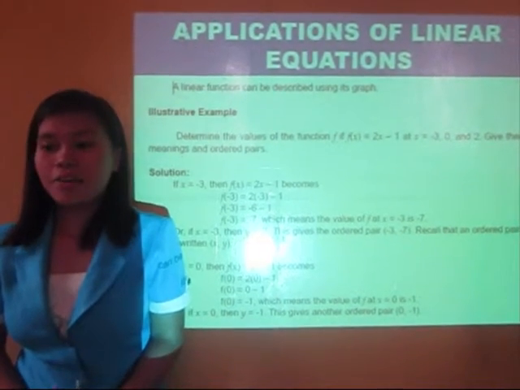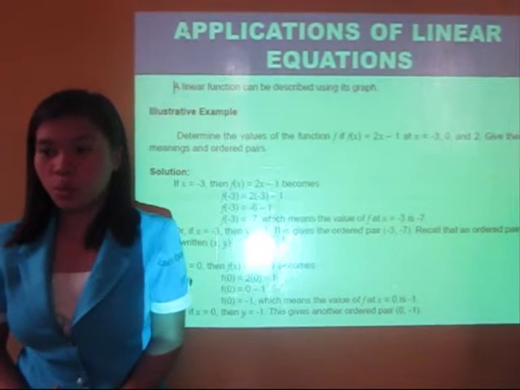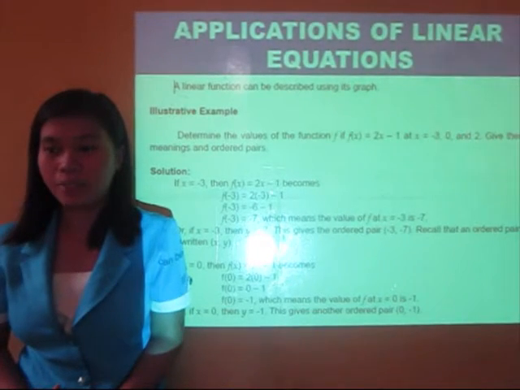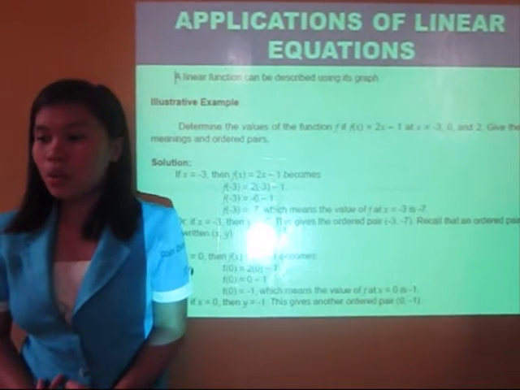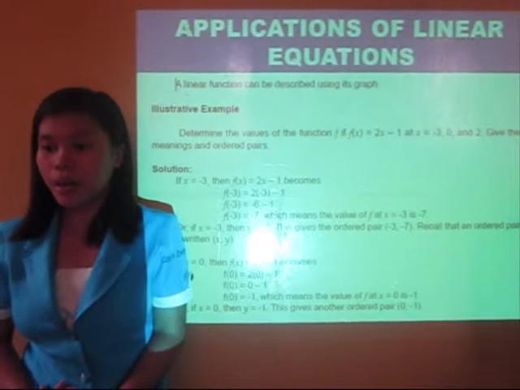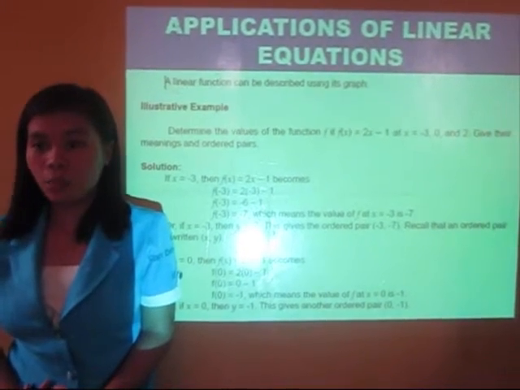Or, if x is equal to negative 3, then y is equal to negative 7. This gives the ordered pair negative 3, negative 7. Recall that an ordered pair can be written as x, y.